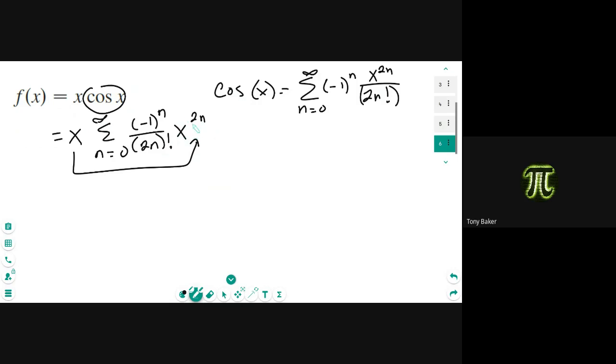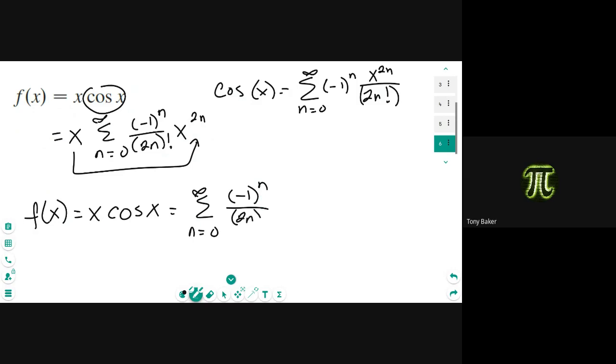How can I put that together with this x? Plus 1. You're almost there. Yeah, remember the exponents, you add the exponents. So f of x, x cosine of x, equals the summation of n equals 0, -1 to the n over 2n factorial, x to the 2n plus 1.